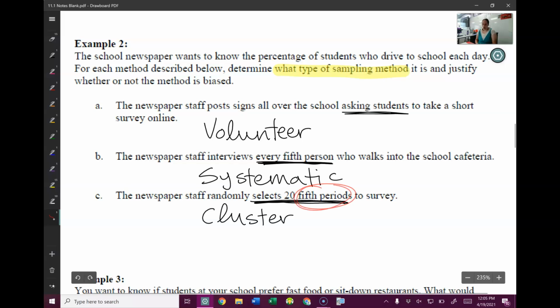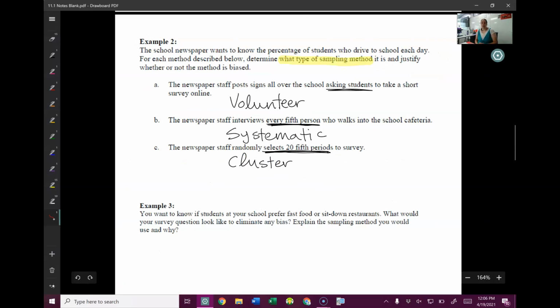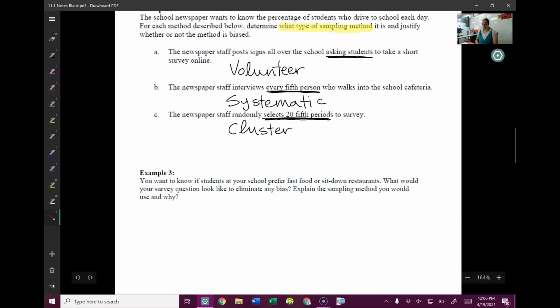The groups are all 5th periods, and you're going to ask 20 of those 5th periods. So that's cluster. If you wanted to ask 3 people from each period, that would be stratified. So there is your examples of types of sampling.